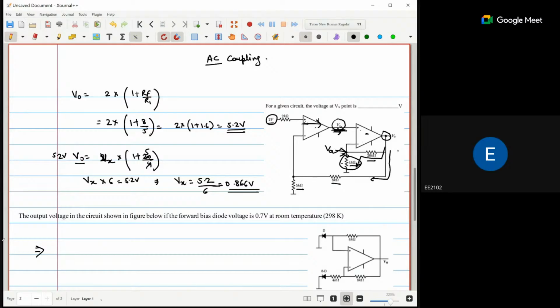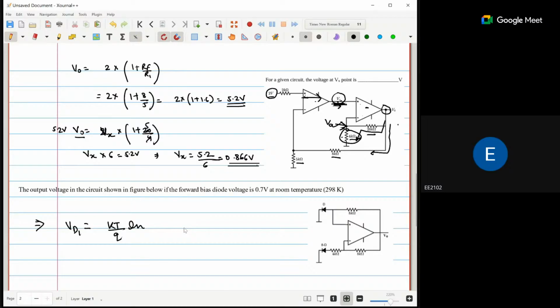If you remember the derivation, the diode voltage VD1 is KT by Q ln of I naught by, wait a minute, what is that?